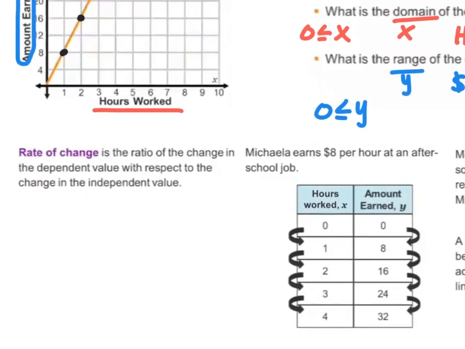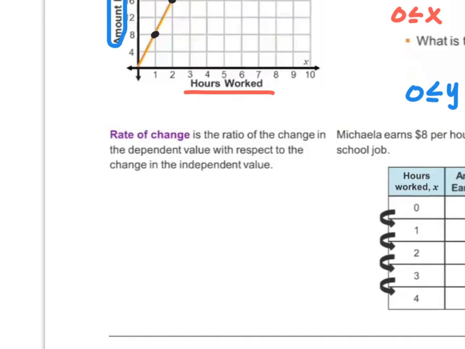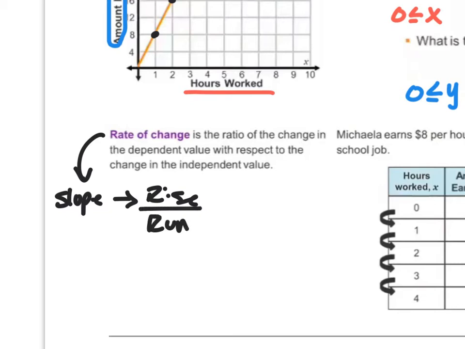But we call that a rate of change, okay? A rate of change is the same thing as saying slope. And slope, remember, we often call rise over run, and that's what I'll call it just to describe it.